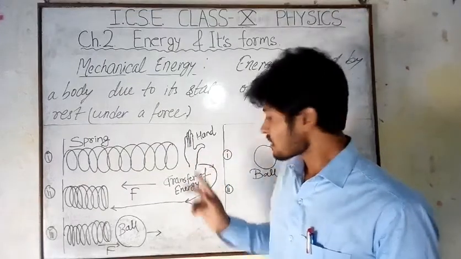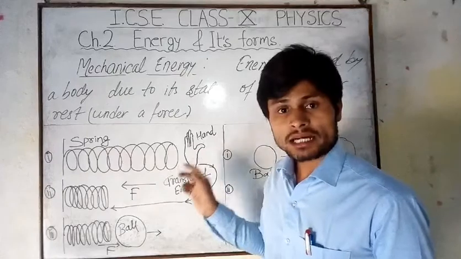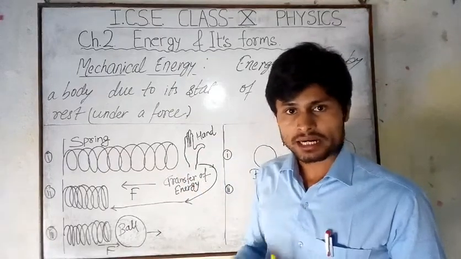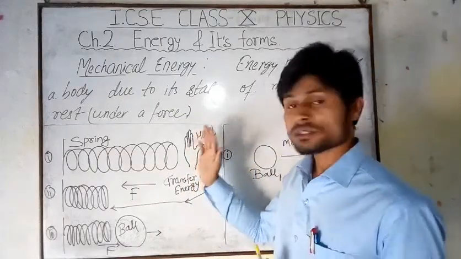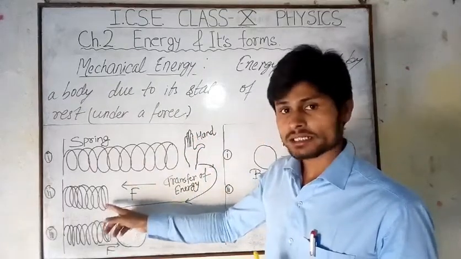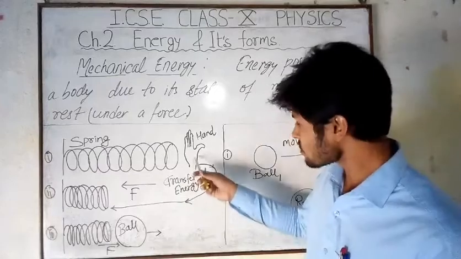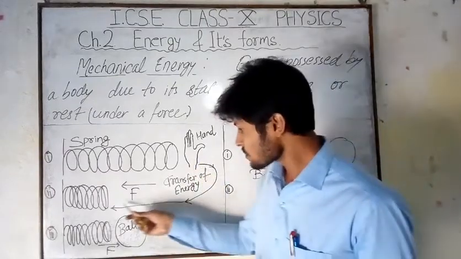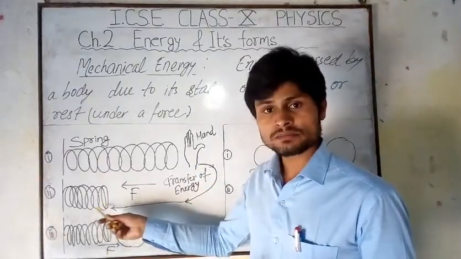So this hand acts as a source of energy here, and you all know that when a source does some work on any object, it transfers some energy. So this source transfers some energy to this object, the spring.